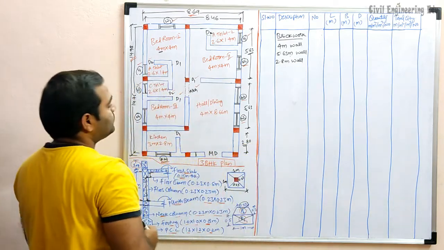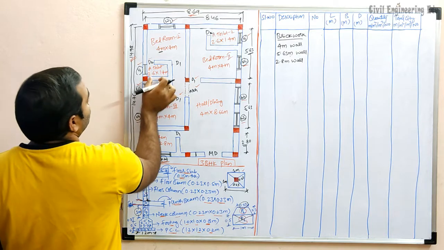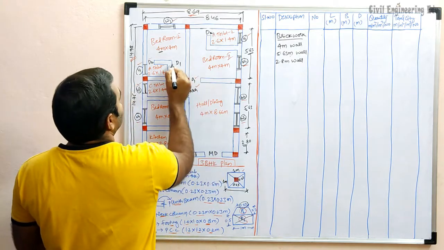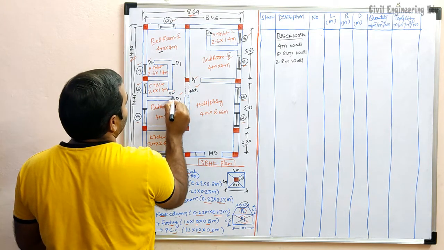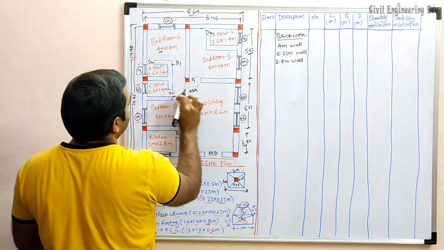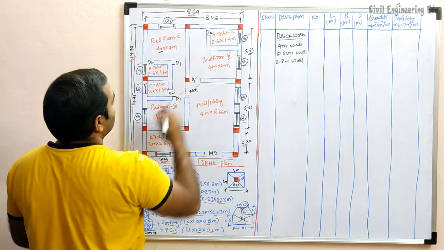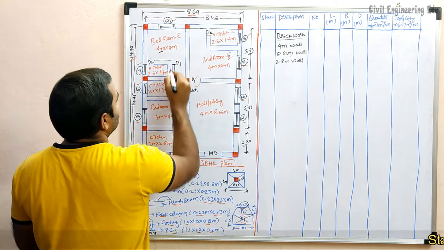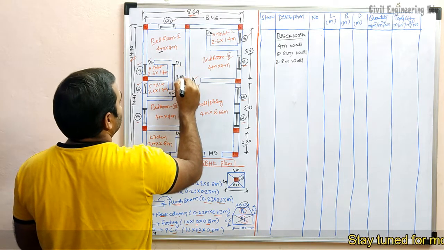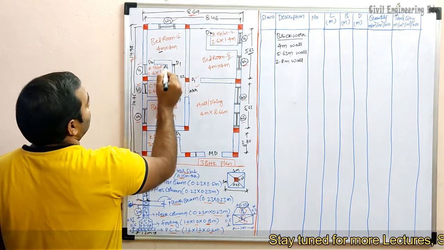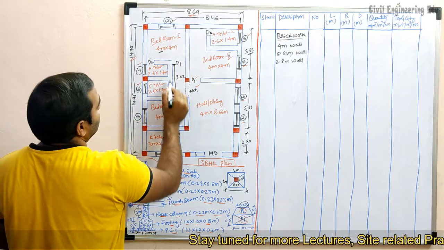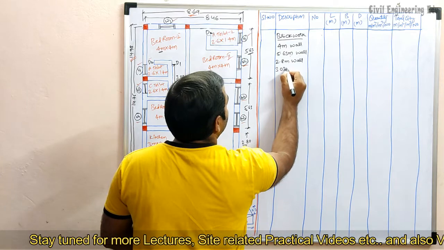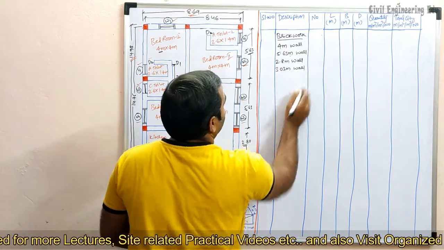Next one is this 2.6 meter wall, and additional to this one, from here to here this wall will be continuing. From this face to this face, it is 3.03. I am going to calculate the length of this wall. The length is 3.03 meter wall.